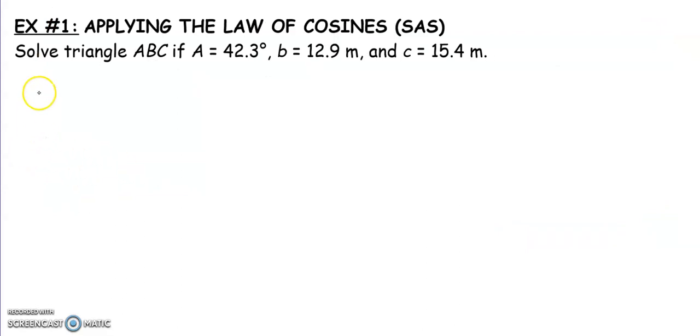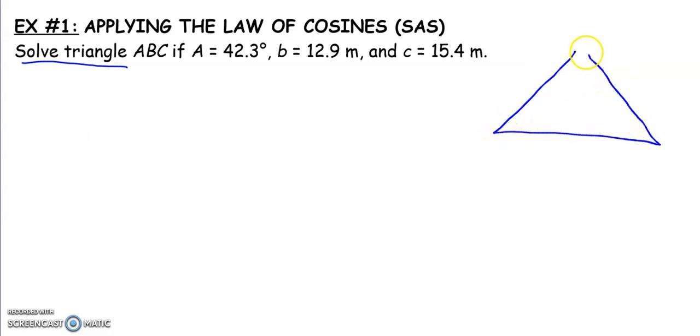So let's go ahead and solve triangle ABC. Solve triangle ABC means find all the unknown parts. So I'm going to draw in triangle ABC. I like a visual reference. Sometimes I need it, sometimes I don't. But while we're learning it, let's set it up. So I've got my angles, my big letters, A, B, and C. Those are the vertices of the triangle, or the angles.